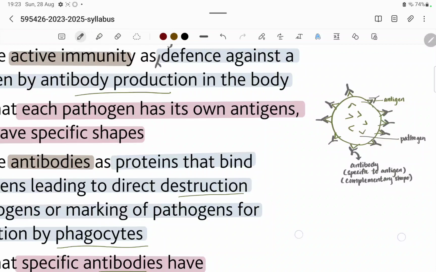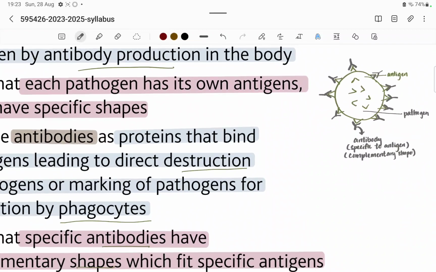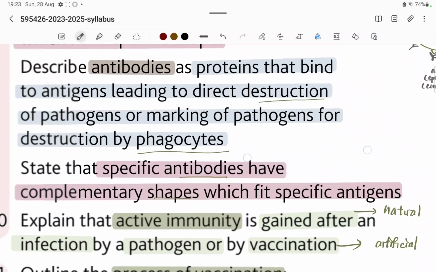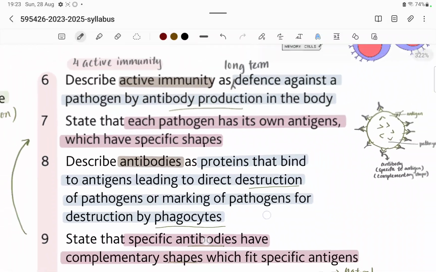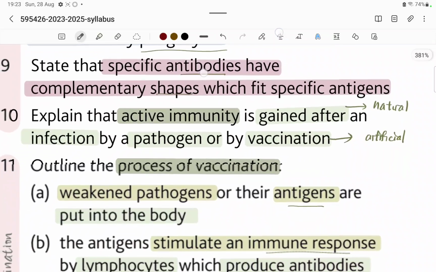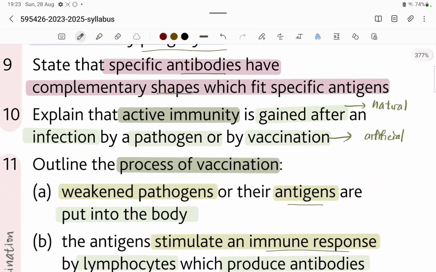So this one is to attract the phagocytes to come and perform phagocytosis. Okay, and then specific antibodies. Okay, this one already.